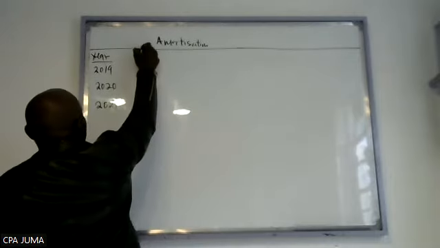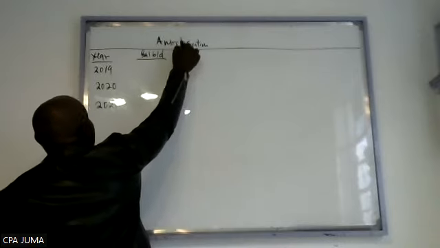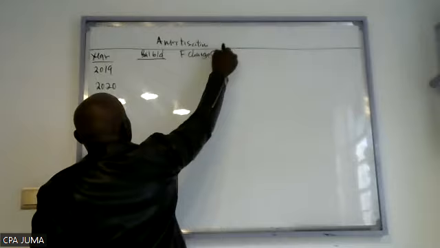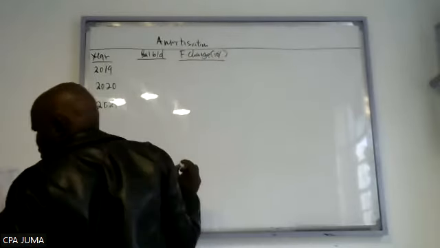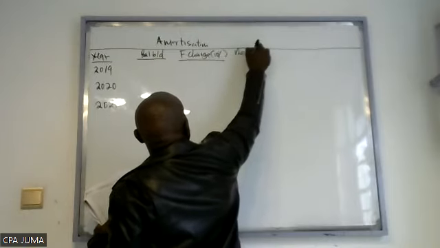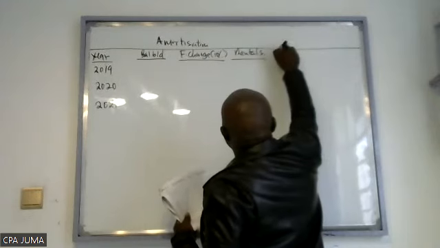Balance brought down. Finance charge at 10%. Rentals paid. So rentals. Balance carried down.